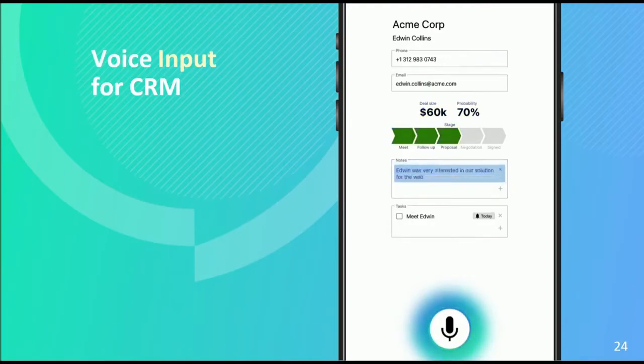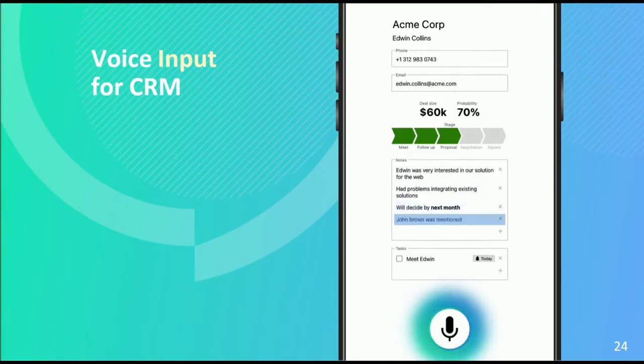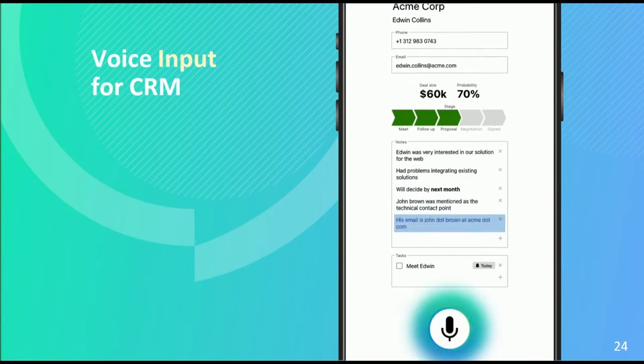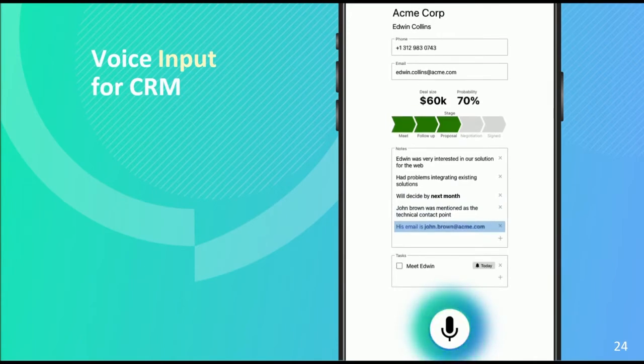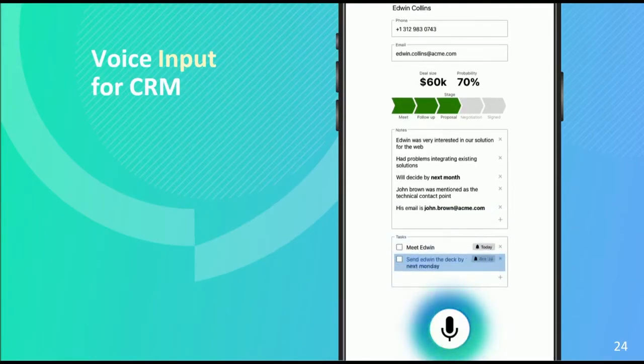Had problems integrating existing solutions. Will decide by next month. John Brown was mentioned as the technical contact point. His email is john.brown@acme.com. Tasks: send Edwin the deck by next Monday. Book a meeting with John Brown by next Tuesday.